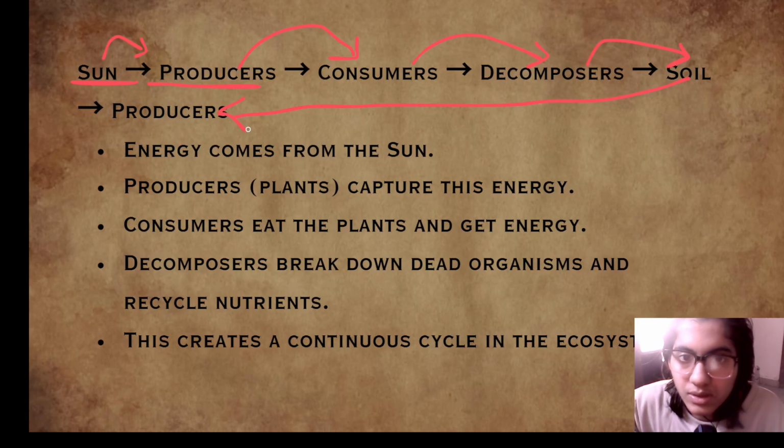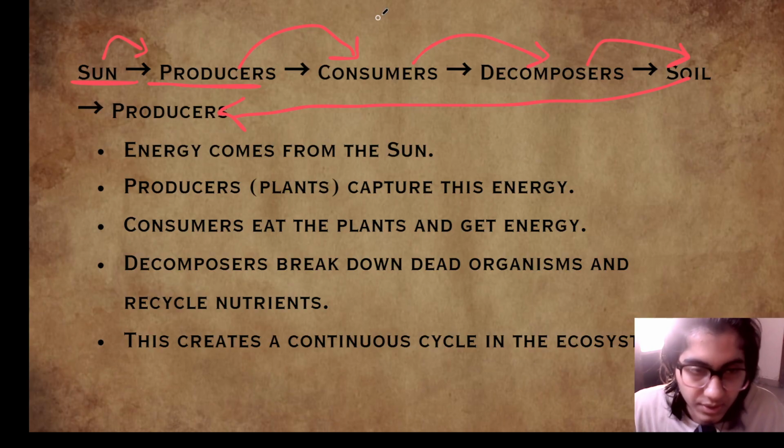Those consumers die and decay in the soil, and decomposers break them down, and the nutrients from them go to the soil, and that soil is again used by plants or the producers to make food, and the process goes on and on.